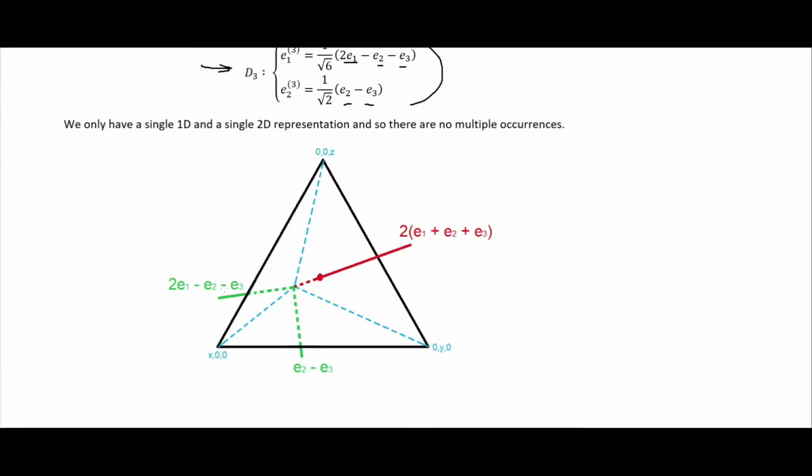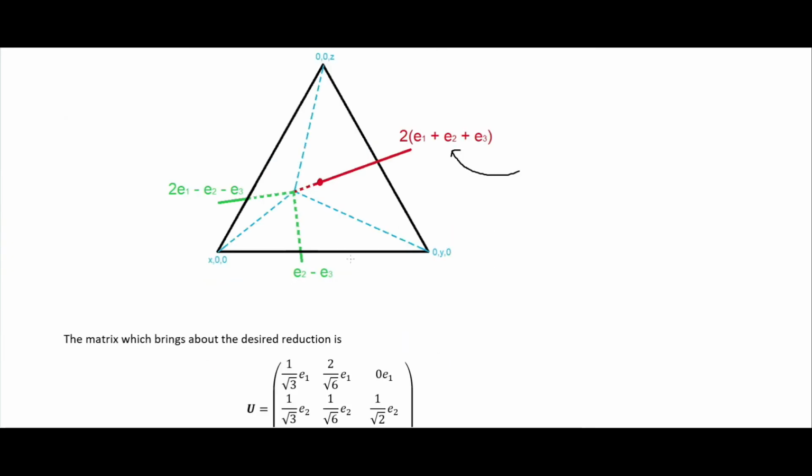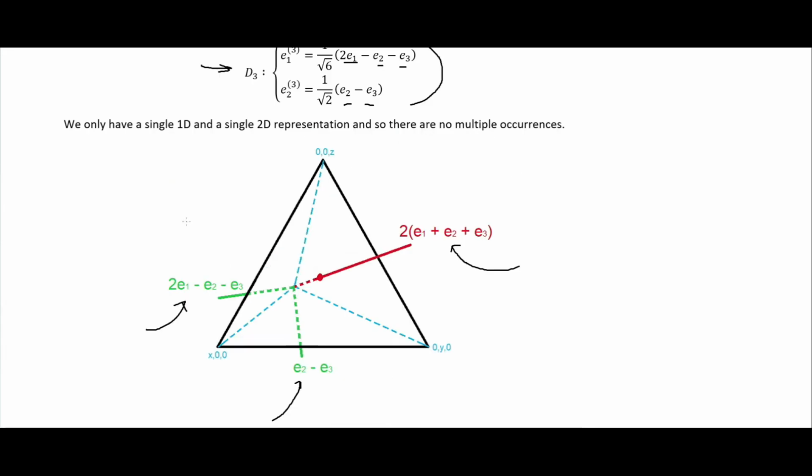But we see we have these green ones here making a plane, which is a subspace of our three dimensions, and then this red one up here is our invariant subspace. And so these green ones here are essentially projections into this lower dimensional subspace.